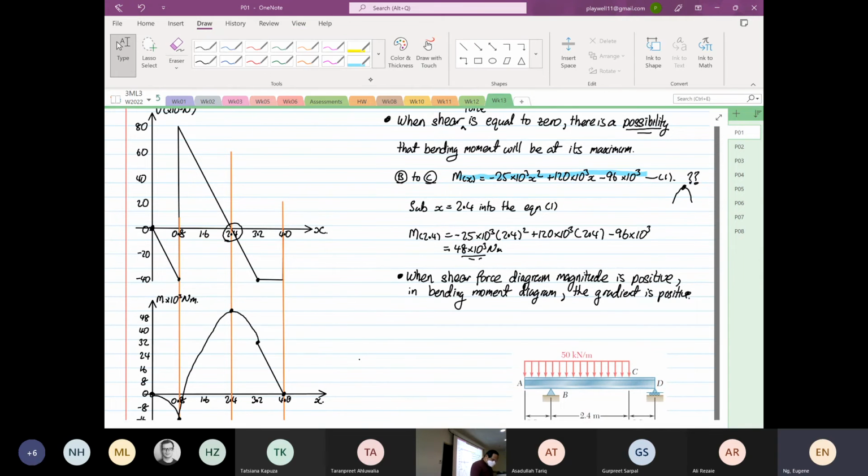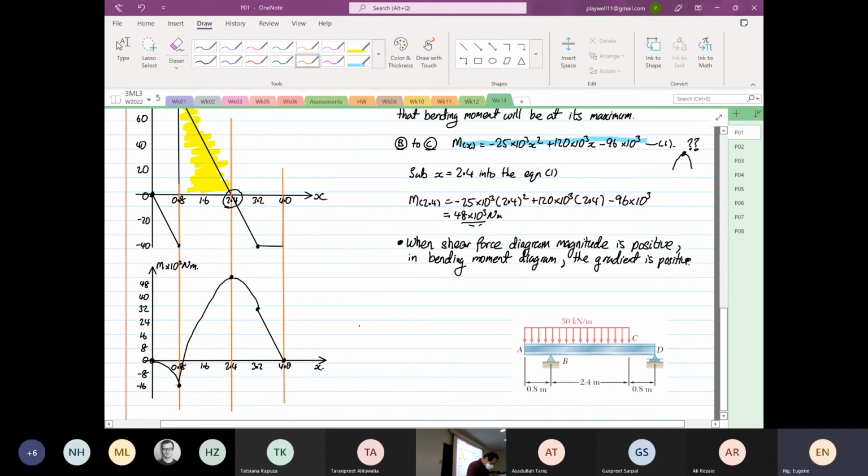So we know in this region over here, your shear force magnitudes are all what? Positive, yes or no? If you look at the gradient from 0.8 to 2.4, if you draw the tangent, the gradients are always what?